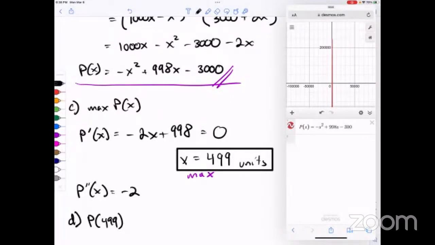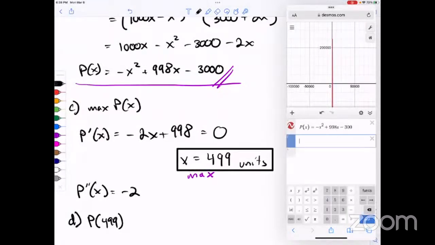I wasn't really trying to look at the graph, but I just wanted to type the function in and evaluate it when x is 499. So that's really why I was calling on this. So then I'm going to do P of 499, and the maximum profit looks like it's 248,701, right?